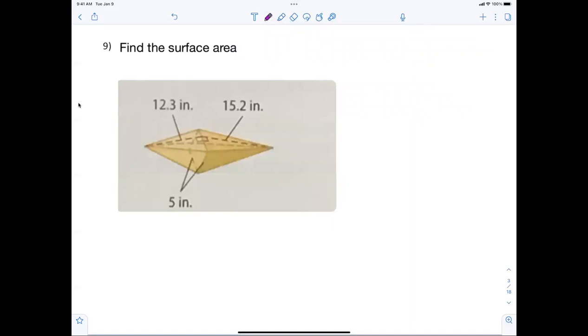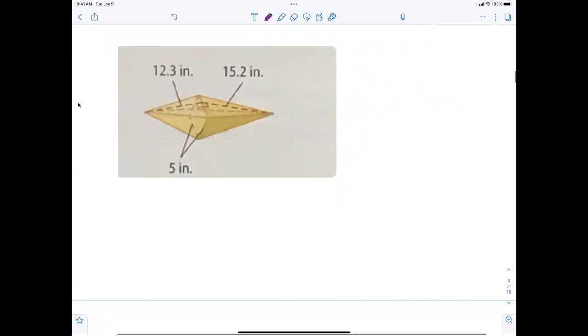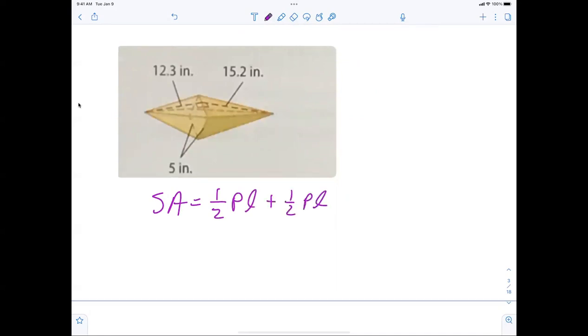So this is just the two lateral areas. Is everybody good with that? Everybody remember what I told you, lateral area? All right, we don't work with lateral area that much, but the lateral area is just the area of the walls, not the base. Is everybody good with that? So you should be able to say just the surface area is equal to 1/2 perimeter times slant height plus 1/2 perimeter times slant height.